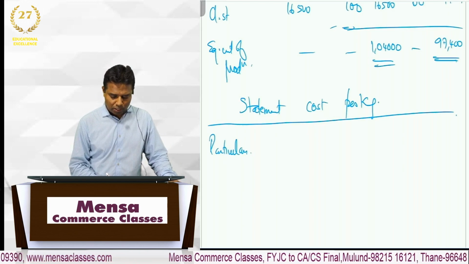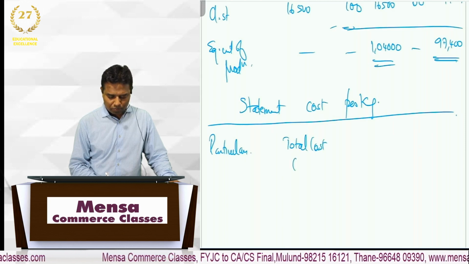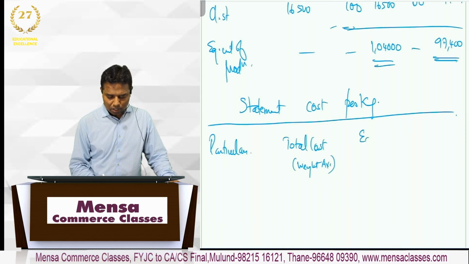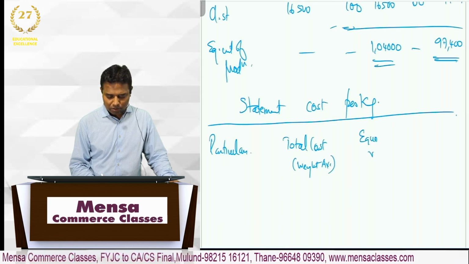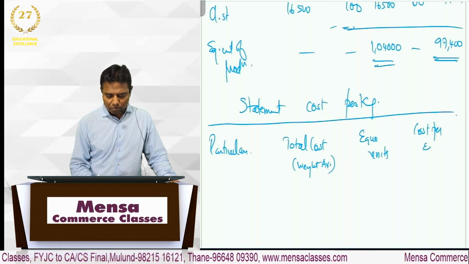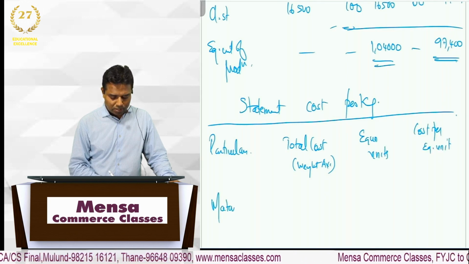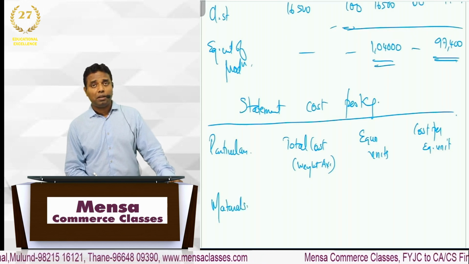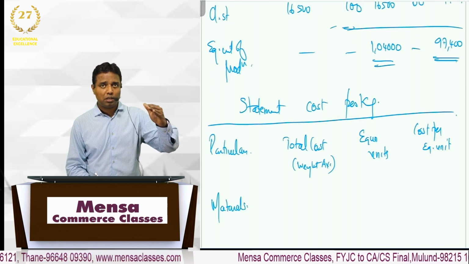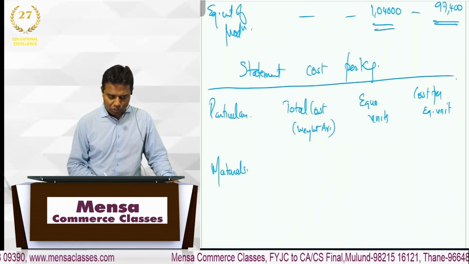So particulars, total cost for weighted average, equivalent units, cost per equivalent unit. So when we take materials, what will come under material? You will have to cover the opening stock and whatever was the input. So opening stock and input.